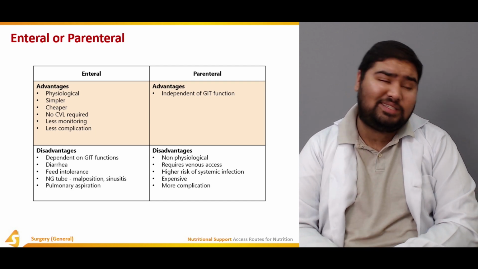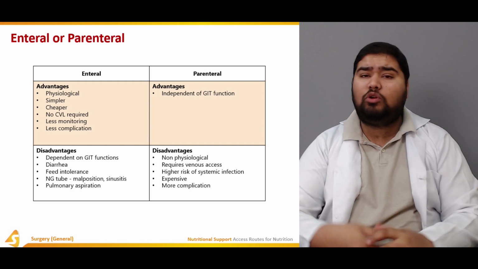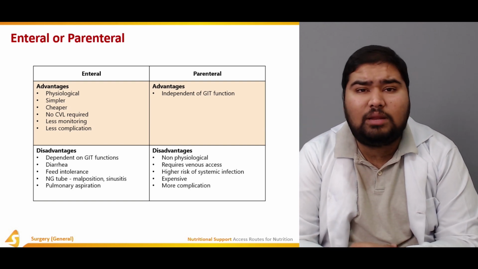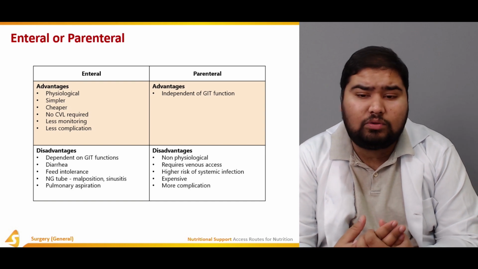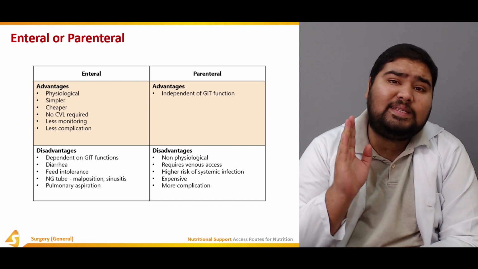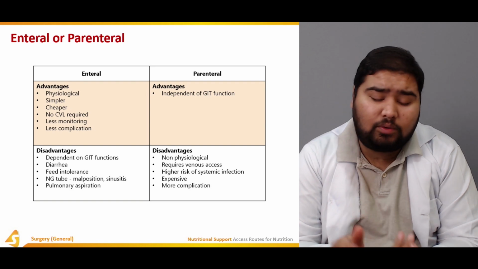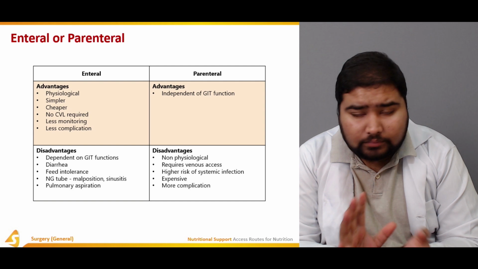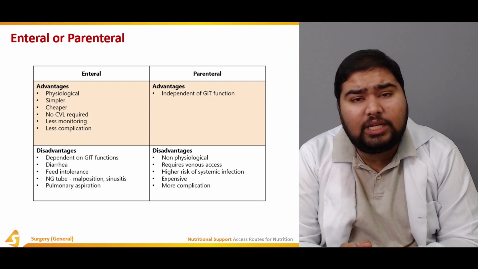There's higher risk of systemic infection because you're already in the vein, you're directly into the bloodstream, so an infection can progress directly into the bloodstream. This is expensive because it requires monitoring. The food that is given is specialized.